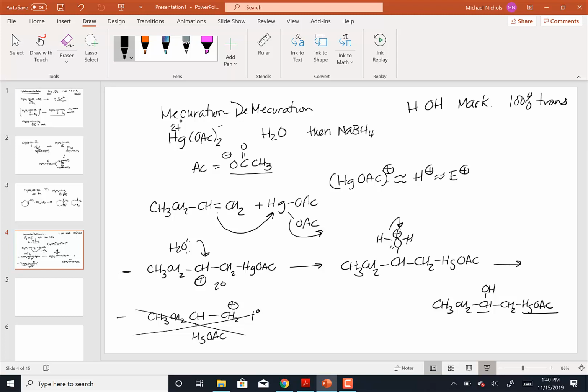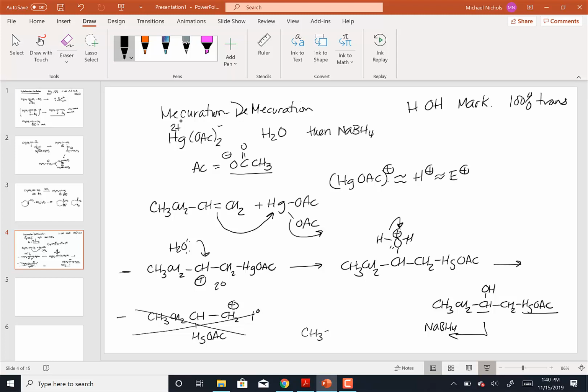Okay. Then step 2. Hopefully this part of the mechanism can make sense. The second part of the mechanism is beyond the scope of what we want to talk about. If I now add NaBH4 to this compound, the hydrogen is going to replace the mercury.